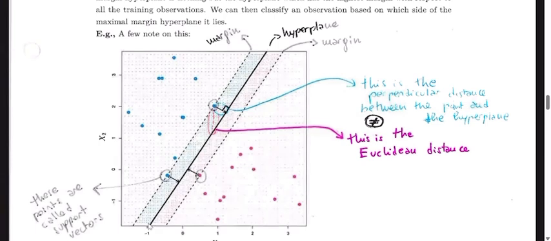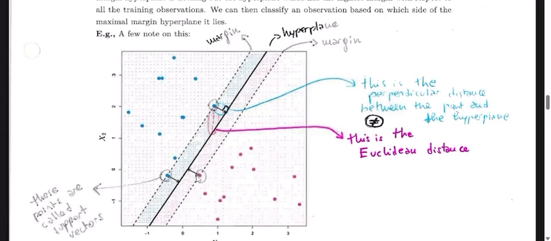Now let's look at two points that are very close, and they are in different classes. Look at this one on this black dotted line. Can you see that one? And look at this one, the red one here.